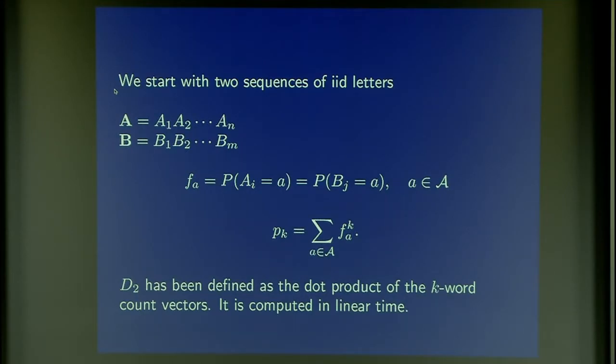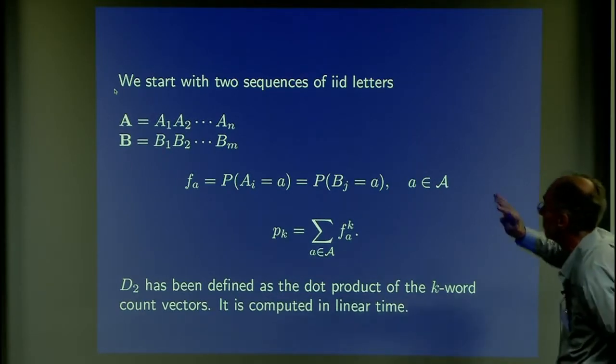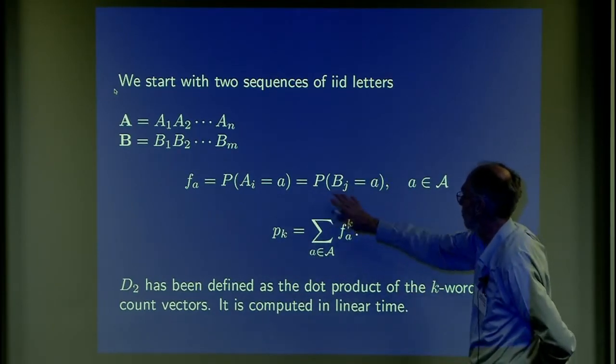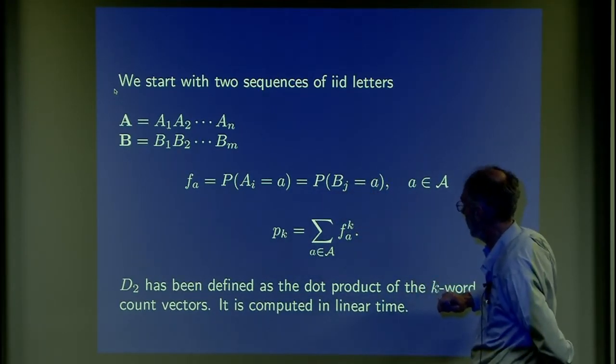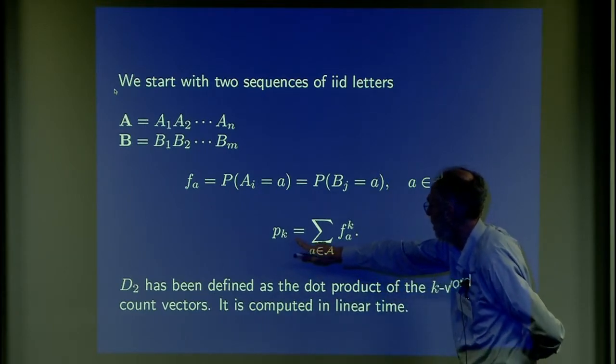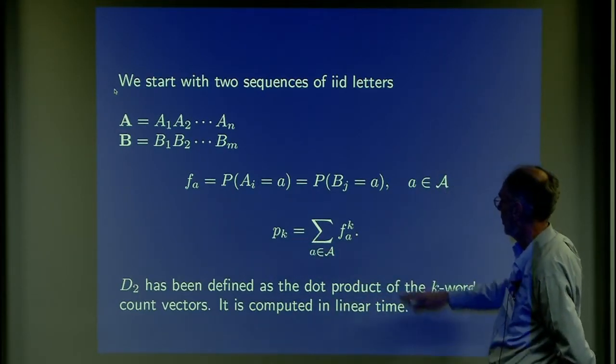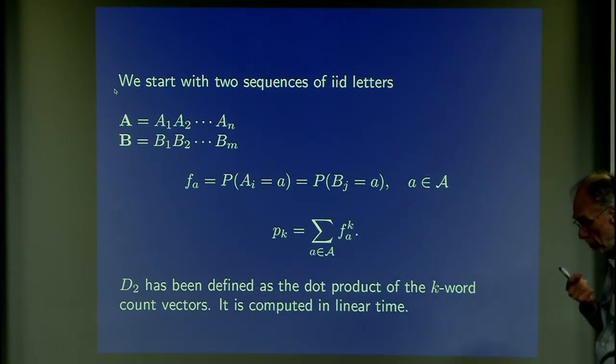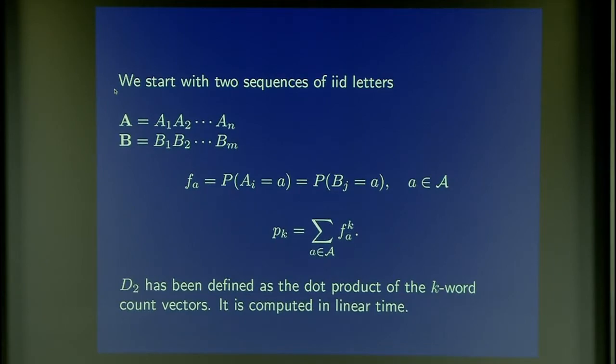And the statistic we're going to come to, I really thought it was one of the stupidest things I ever heard of, but we have our two sequences, say the same distribution on each one of them, and P sub k is the probability that k random letters match. And the computational efficiency here is that we're just going to count words.